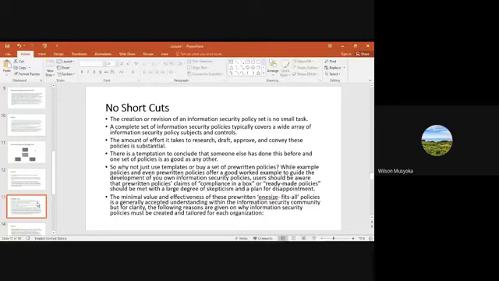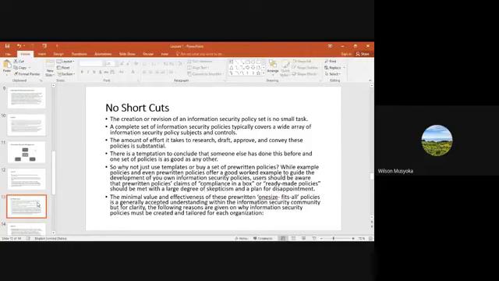Security policies cover a wide range of information security policy objects and controls, which are linked to the organizational objectives. So it takes a lot of effort to research, draft, approve, and convey these policies.